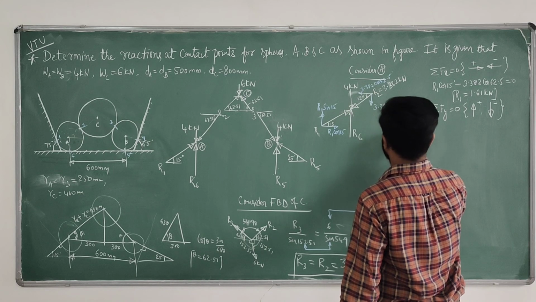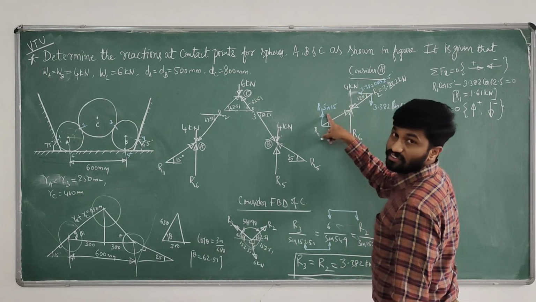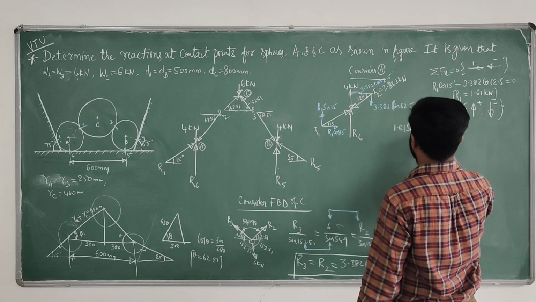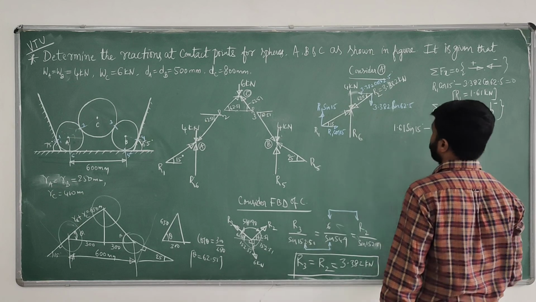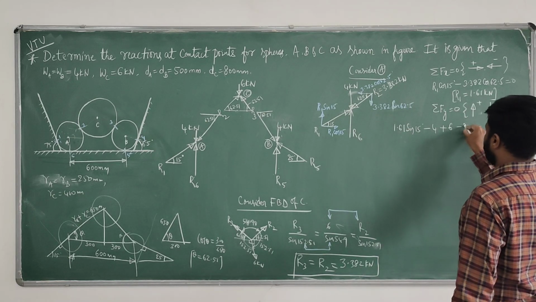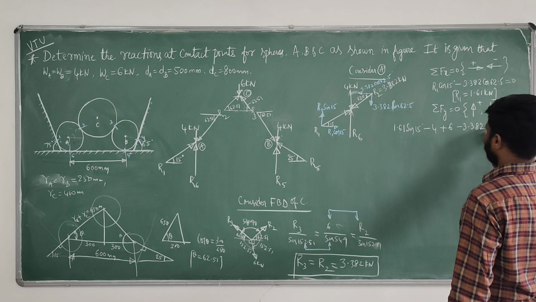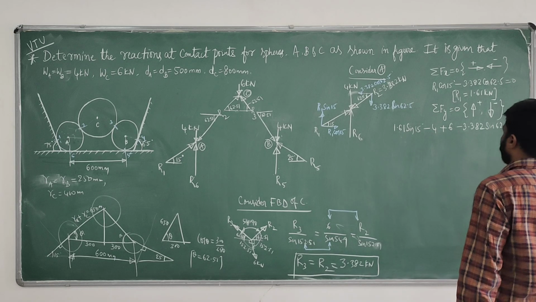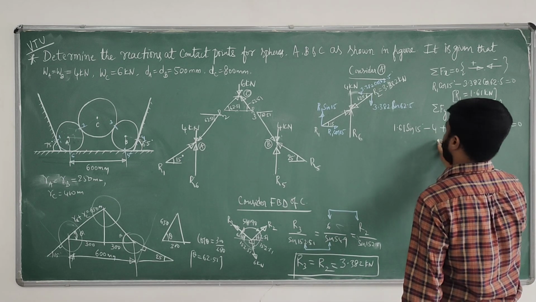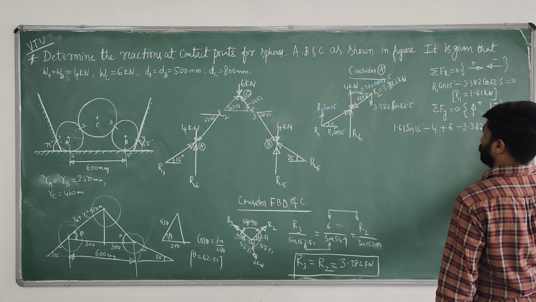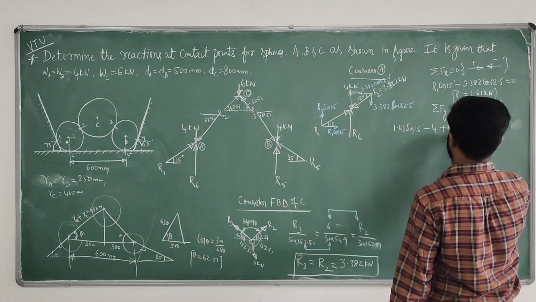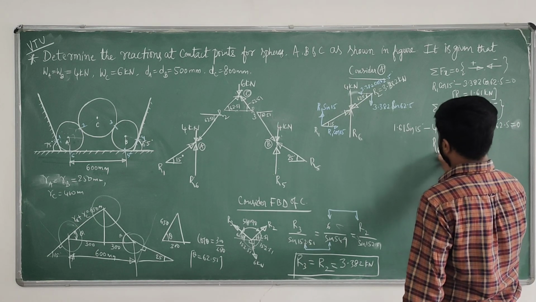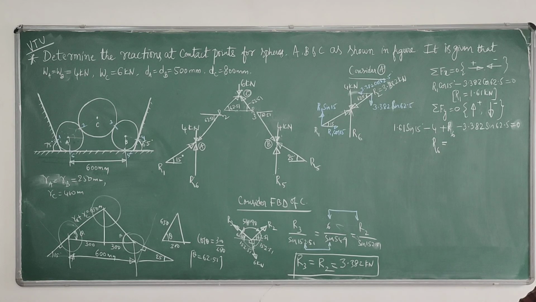So plus 1.61 sin 15 minus 4 plus R6 minus 3.382 sin 62.5 equals 0. So after solving, we are getting R6. If we solve, we are getting the R6 value. How much? 6.582.